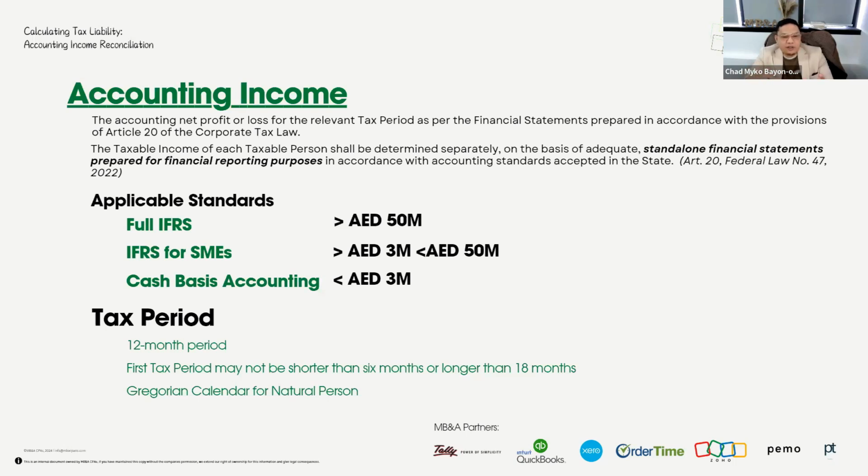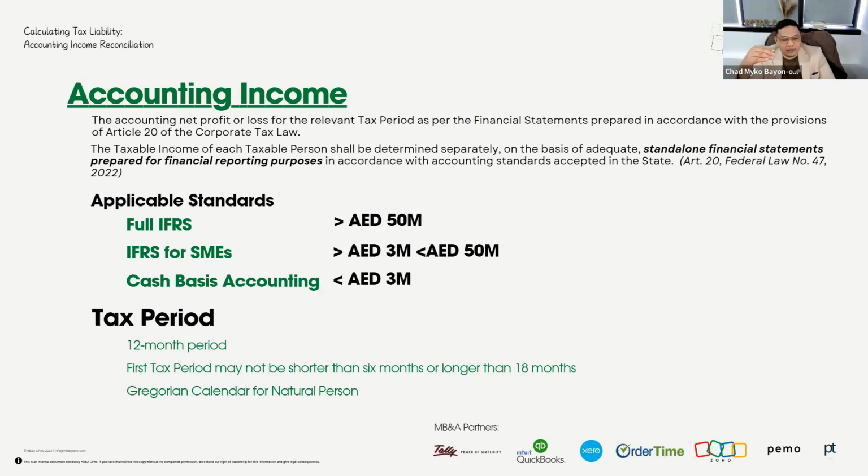So if ever your revenue is more than 3 million and less than 50 million, you have an option to follow IFRS for SMEs. So what's the difference between these two? Actually, for full IFRS, you have to follow the complete standards that has been adopted. And then for IFRS for SMEs, normally they have made it more simplified.